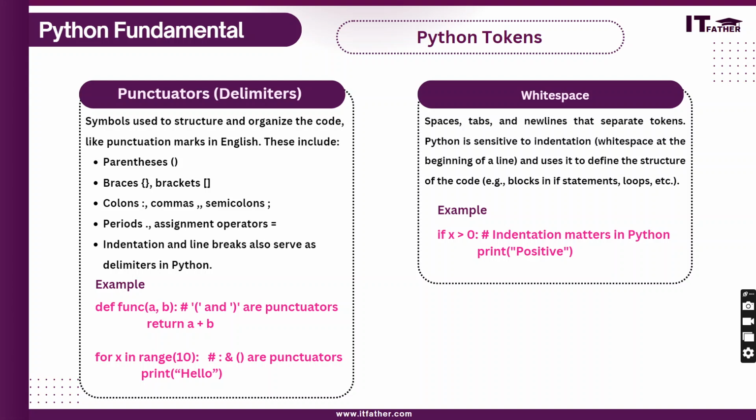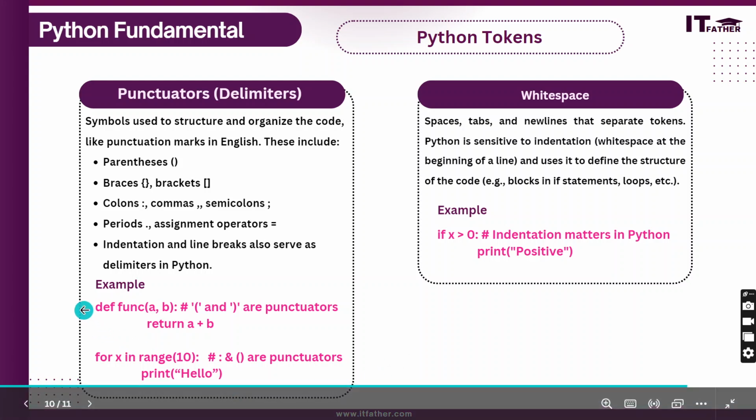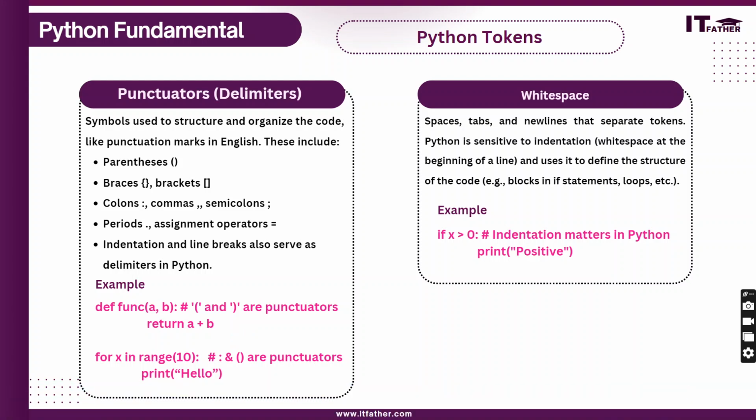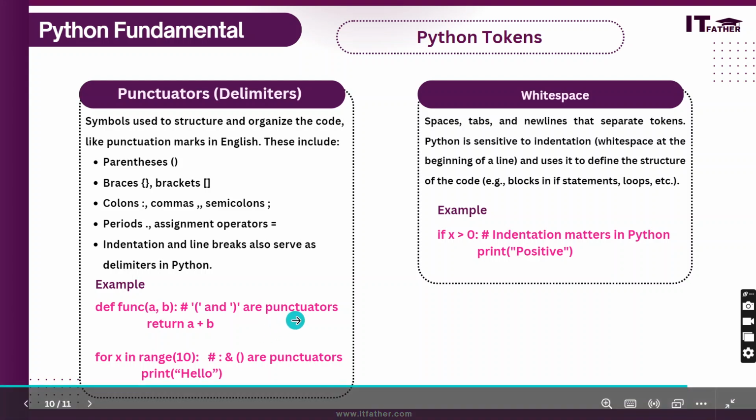Sometimes white spaces are also counted as punctuators. We can also say these are delimiters, which are used to separate one part of the program from another. Examples are given here, like def function a comma b. Here the brackets, or parentheses, are punctuators, right? Here the colon symbol is also a punctuator.